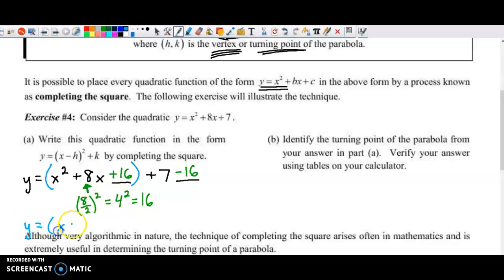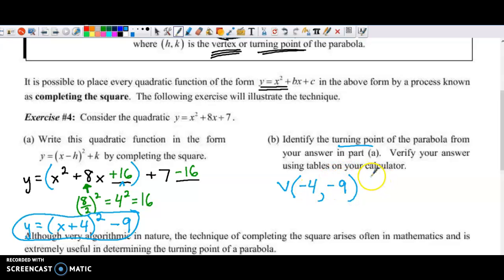Instead of writing it as x plus 4 times x plus 4, because that's how you would factor this, factors of 16 that add to 8, we can write it once squared, and then on this side, 7 minus 16 reduces to -9. So that's how we could use this process to get this answer. Now we can find the turning point, because we can shift it left 4 and then down 9, and that's where our vertex is located.